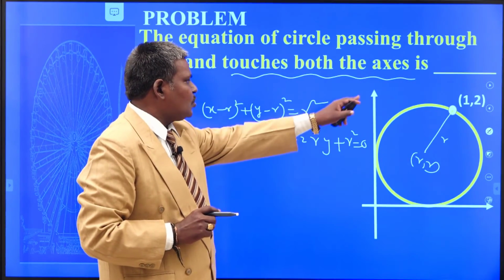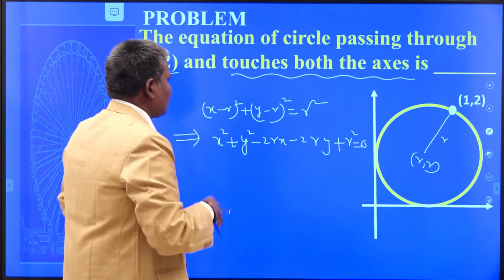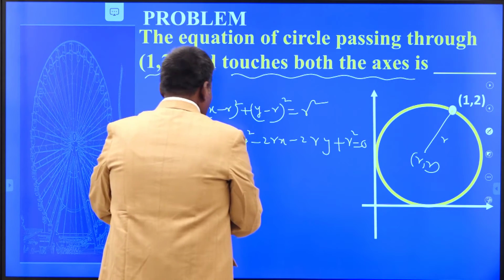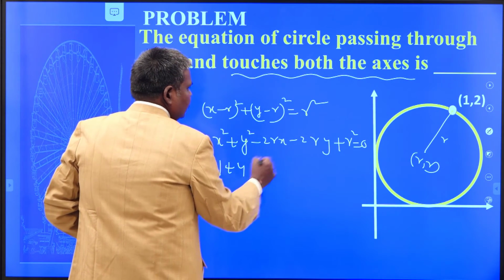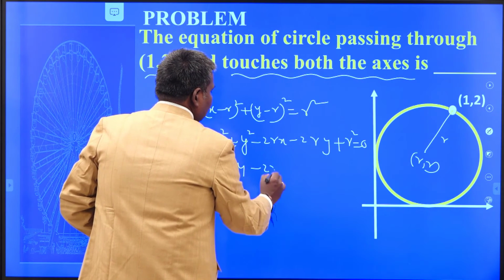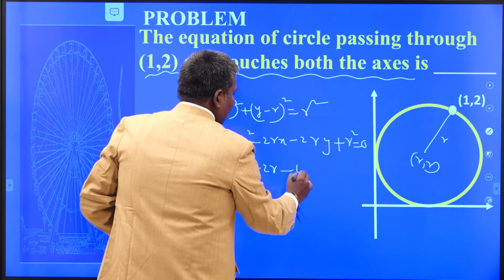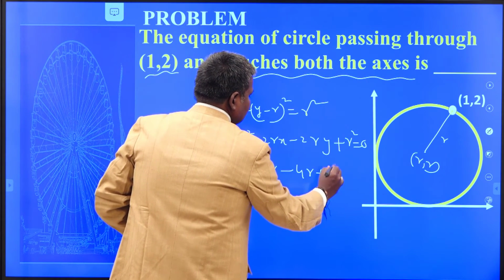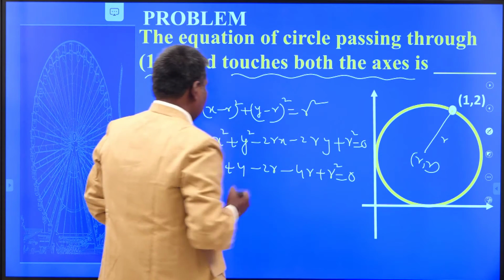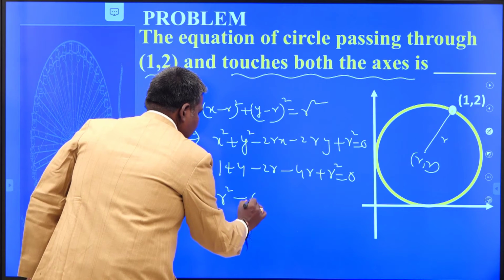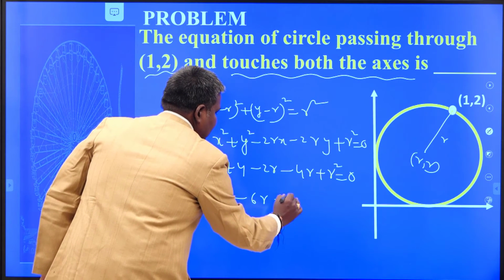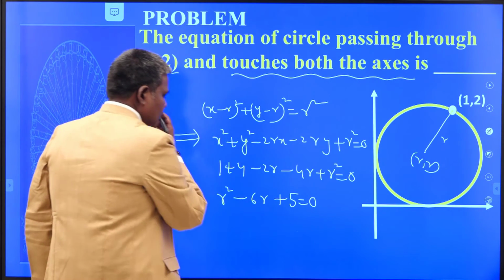What is the duty of the circle now? This is passing through my point 1 comma 2. Substitute 1 comma 2. What happened? 1 plus 4 minus 2r minus 4r plus r square is equal to 0. This is nothing but r square minus 6r plus 5 is equal to 0.